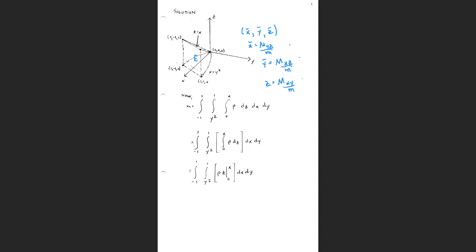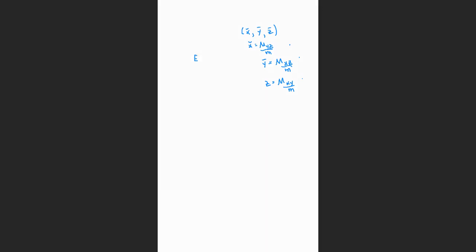We know, based on the symmetry of the solid E here, this front end of the vacuum cleaner, there is one coordinate that we can get without any work at all. It's either x bar, y bar, or z bar.